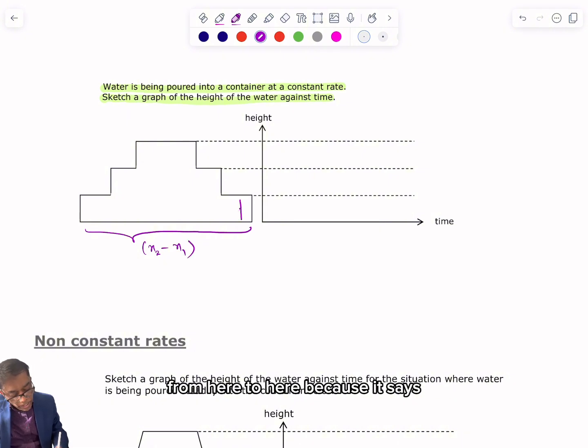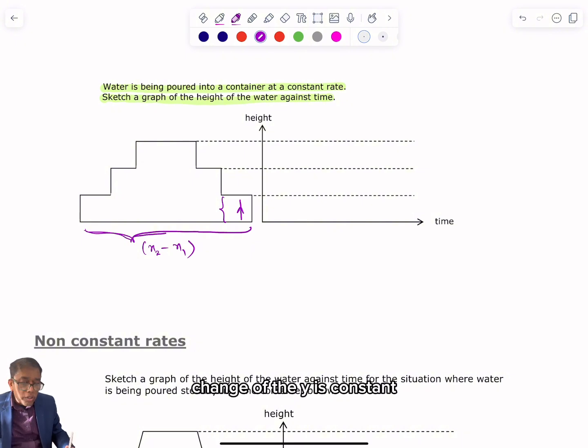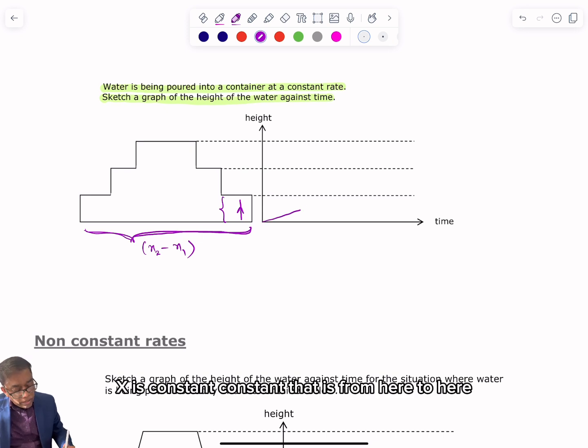Because it says the water is being poured into the container at a constant rate, the change of y is constant, and x is constant too. That means from here to here, the gradient is like this.